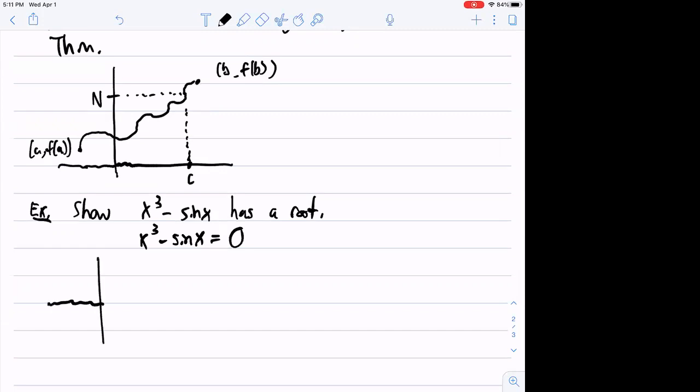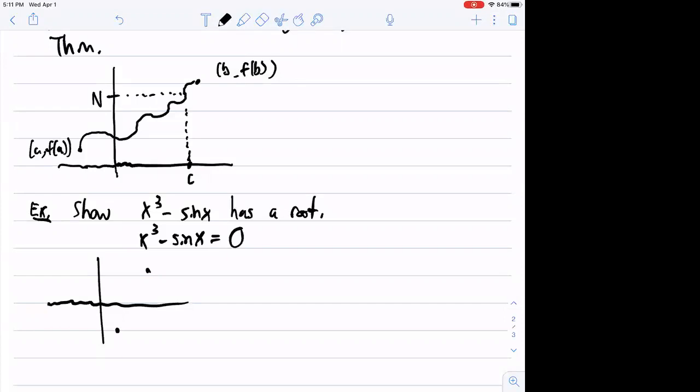So I need to show I get a y value of 0, I need to show I get some point on my x-axis. So one way to do this is, how about I find the point that's below the x-axis and a point above the x-axis? Then I know I have something in between. IVT tells me I have all y values in between, so in particular, I have the y value 0.